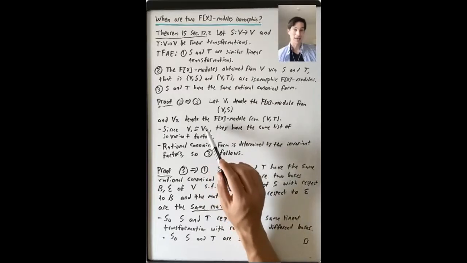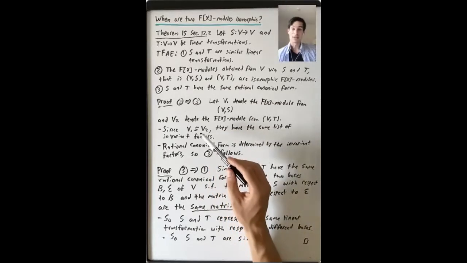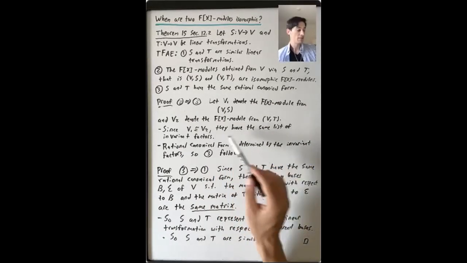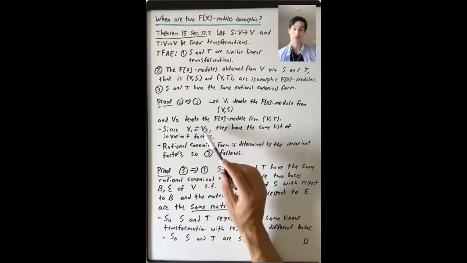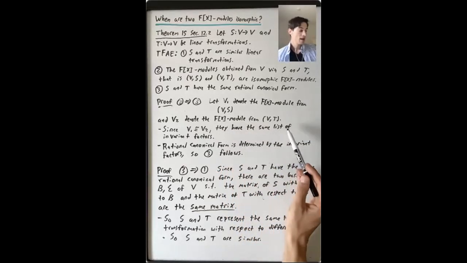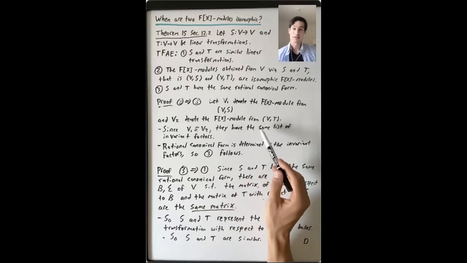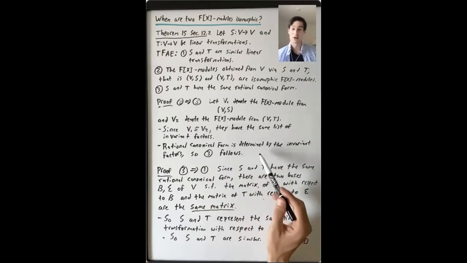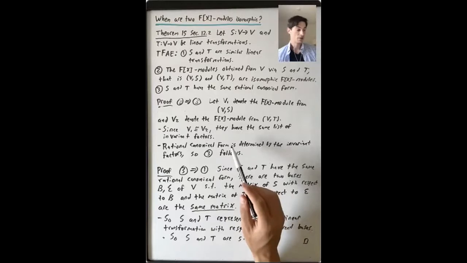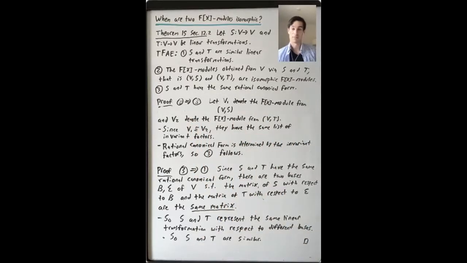Then the classification for modules over a PID, and in particular, the uniqueness part for the invariant factor form, says that they have to have the same list of invariant factors, that the invariant factors are classifying these modules up to isomorphism. And now, if they have the same invariant factors, they have the same rational canonical form, because the rational canonical form is determined by the invariant factors. If I tell you the invariant factors, then you know the rational canonical form. So they must have the same rational canonical form.